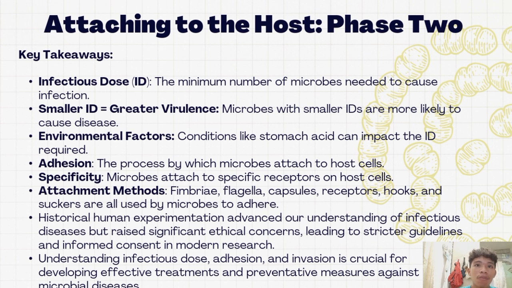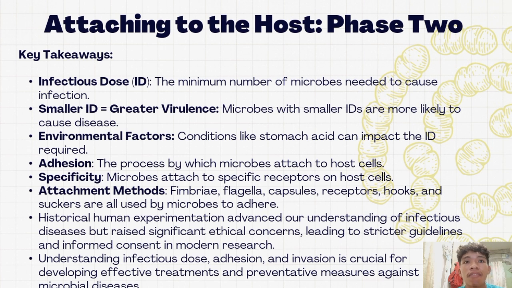Adhesion is the process by which microbes attach to host cells. So adhesion is the process of germs sticking to the body's cells. Specificity: microbes attach to specific receptors on host cells. So germs only attach to specific types of body cells.